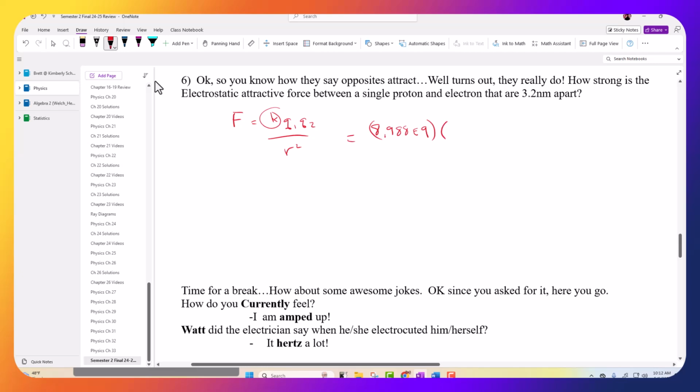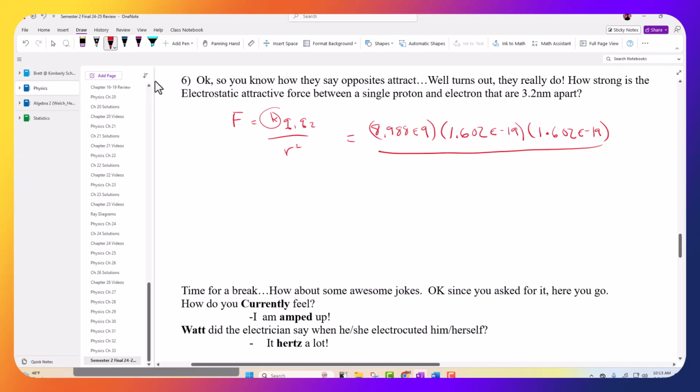The charge of an electron and proton are the same number. One's positive, one's negative. Because we're asked how strong the force of attraction is, it doesn't matter whether we apply the negatives or positives. If you gave me a negative answer here, I'm not going to throw a fit. If you give me a positive answer here because you recognize you just want to know how strong it is, that's fine too. So the strength of an electron's charge is 1.602 E negative 19, and the same is true for a proton, 1.602 E negative 19.